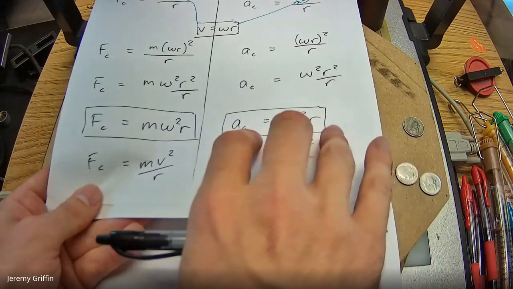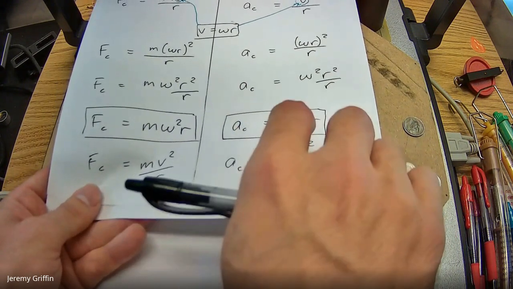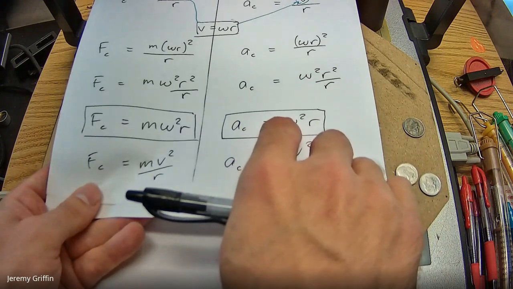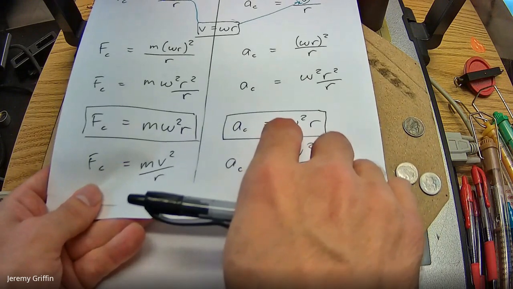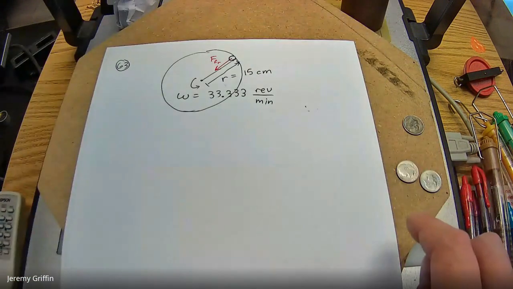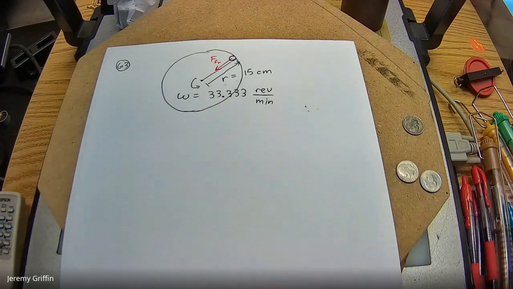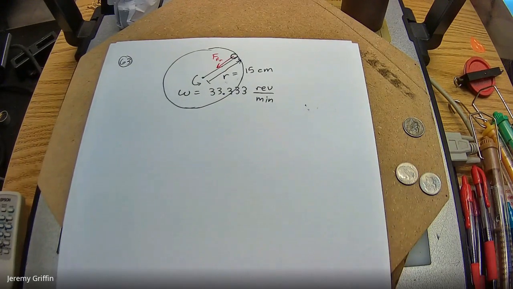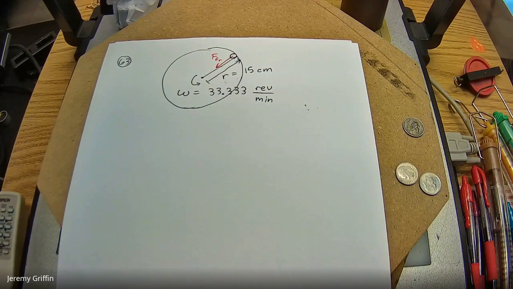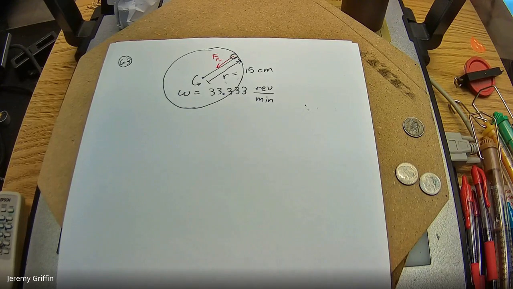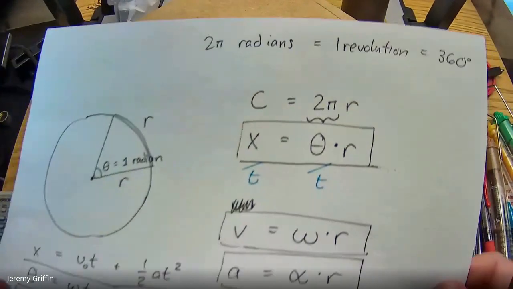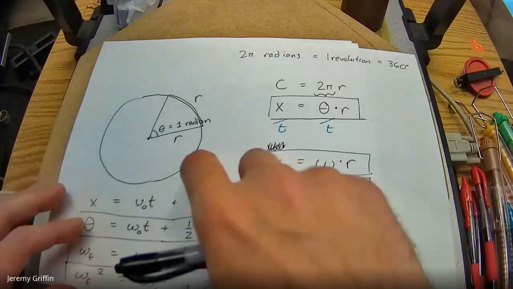Now, the trick is this. If you apply this formula, you have to plug in an omega value in radians per second. So that's one of the powers of measuring angles in radians. Oh, you know what? I missed a little detail. Let me go back and fill it in right now, because there was a question I was going to answer that I forgot to.